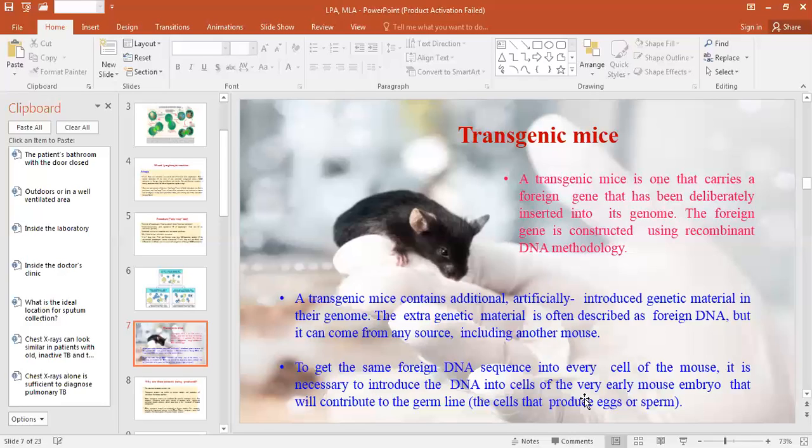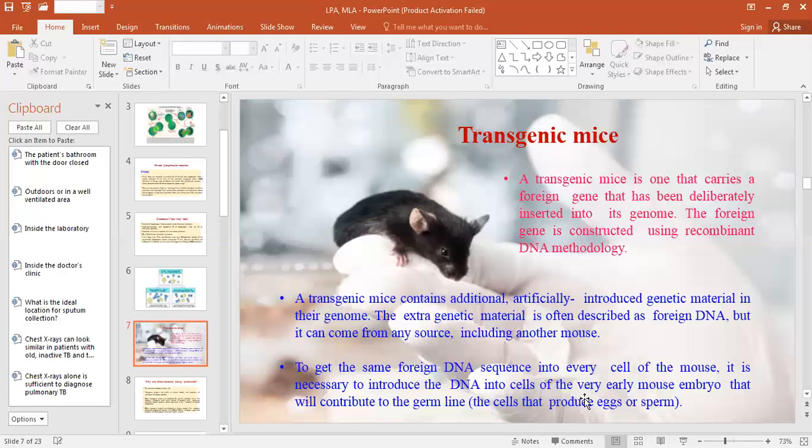Transgenic mice are usually used as a model for understanding how genes regulate processes in the body, because the effect of changing a particular gene can be seen on the whole organism. They are also used to study human diseases which are caused by errors in the way that the body produces certain proteins.